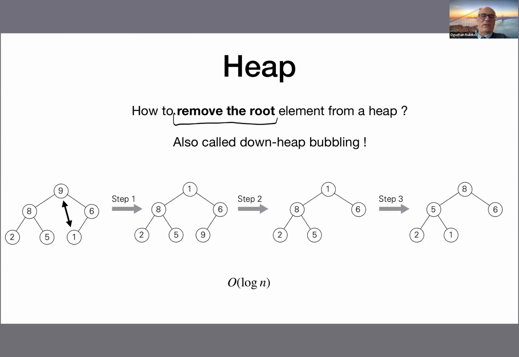Okay, so this is a max heap and I would like to remove the root node. So root is 9. For the removal, first I swap it with the last element in the leaf.